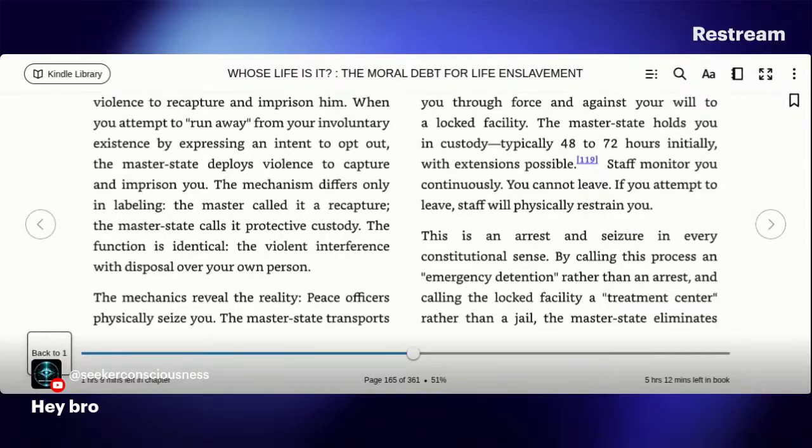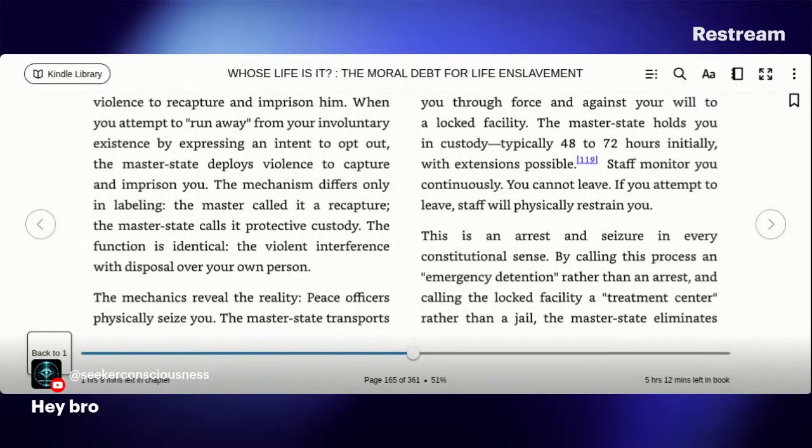The mechanism reveals the reality. Peace officers physically seize you. The master state transports you through force and against your will to a locked facility. The master state holds you in custody, typically 48 to 72 hours initially, with extensions possible. Staff monitor you continuously. You cannot leave. If you attempt to leave, staff will physically restrain you.